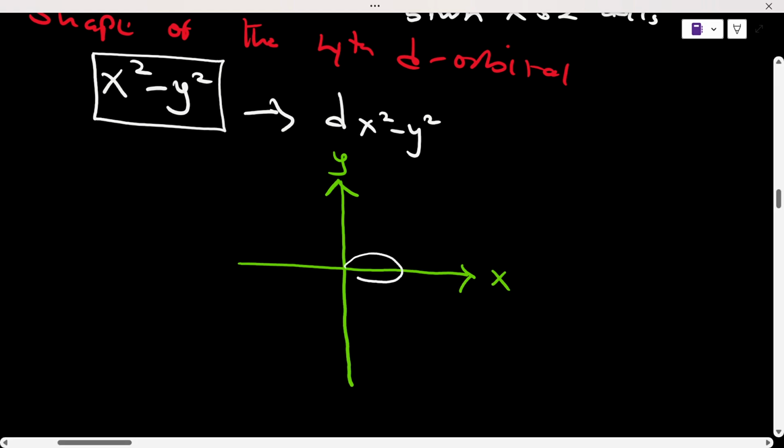It's going to be within that line, within that line, within that line.